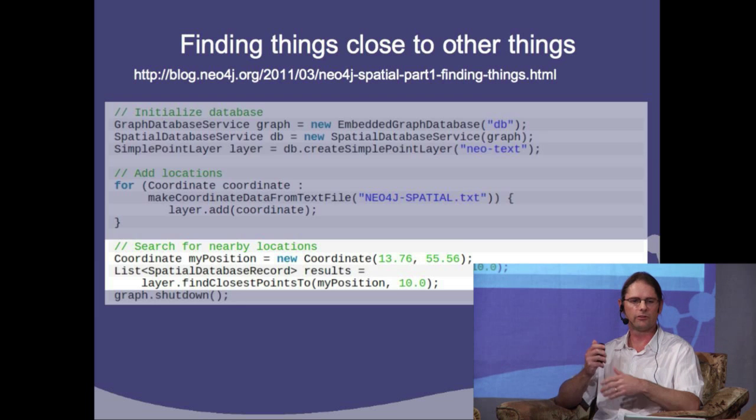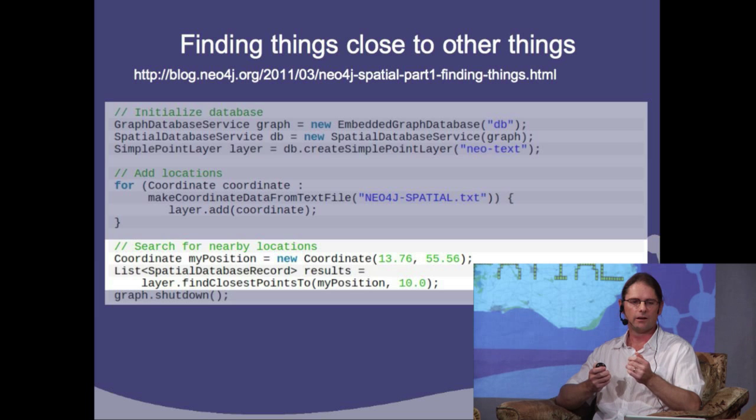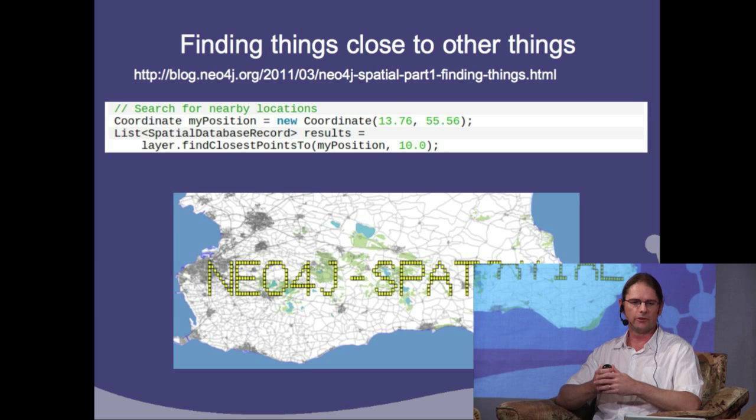The key part is just this point down here. Define my starting point, perform the search. 2 lines. So we've got this system as easy as you would see in MongoDB or CouchDB or any of the other systems. And this API is also exposed through the remote API as well and in the Cypher query language. So it's now very easy to use from any system. That's the result of this search.